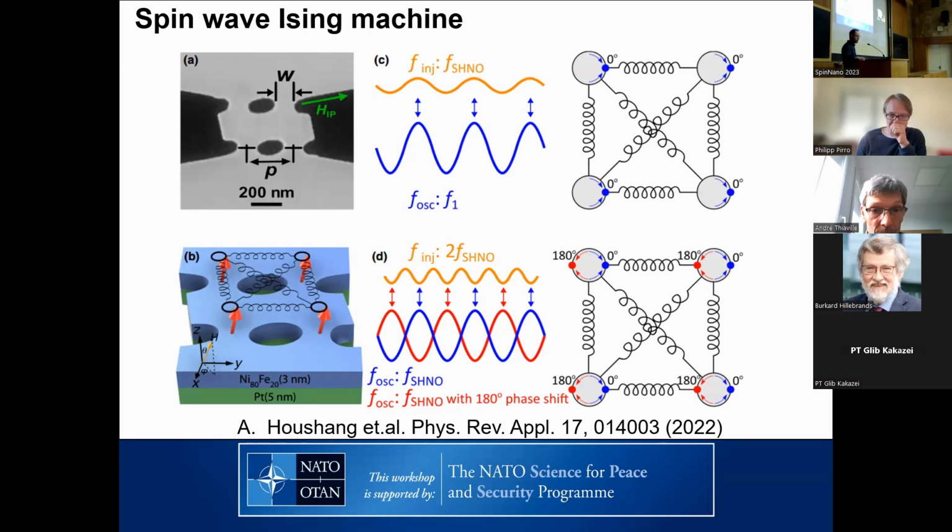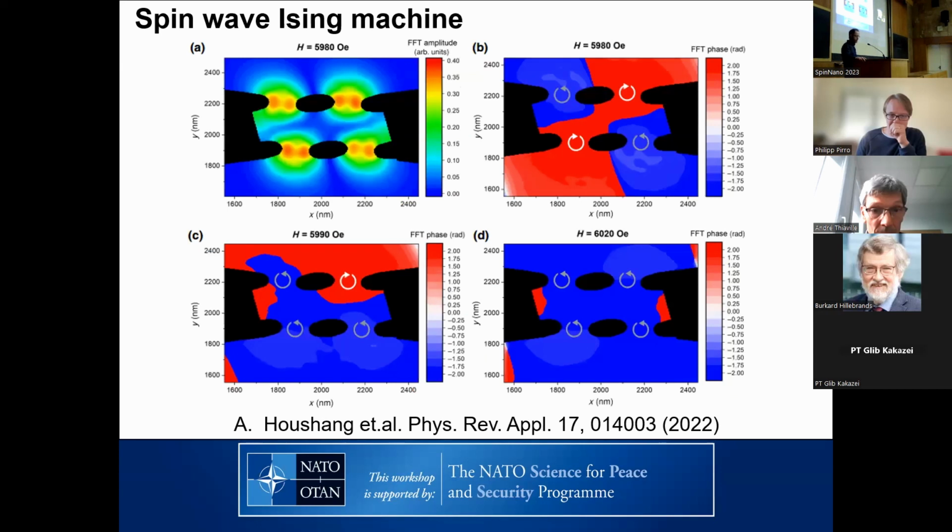So they took this idea and fabricated this array, a 2x2 array of spin-Hall oscillators, and they conducted some micromagnetic modeling and phase-resolved Brillouin scattering, and they indeed show that by changing the magnetic field, we can influence the synchronization state of the oscillators. As you see, it can be a checkerboard-like state where some are going clockwise, some counterclockwise. It can be a majority, or all four going counterclockwise, and so on.